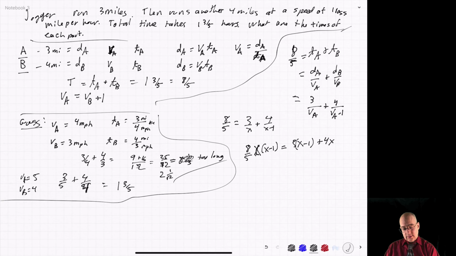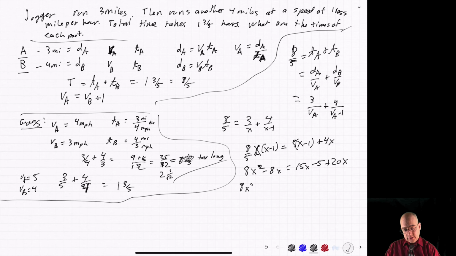And I might as well get rid of that 5 there, so it's 8x squared minus 8x equals 15x minus 5 plus 20x. Now, I did a bunch of computations there. You might want to take that slower. But I multiplied everything by 5, and I distributed stuff. And hopefully I didn't make any mistakes, but I'm sure I did.